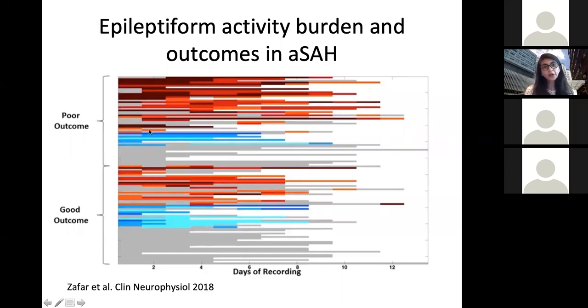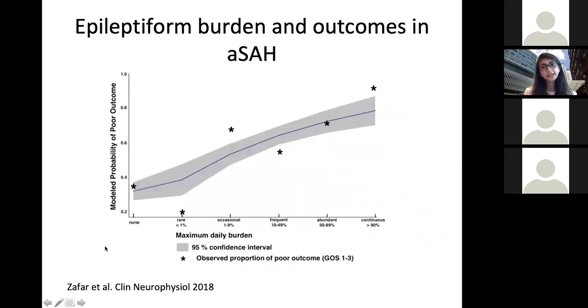And what we found was that patients that had a higher burden of these epileptiform patterns were more likely to have worse functional outcomes at 3 months, even after adjusting for disease severity, including the subarachnoid hemorrhage disease severity scores and critical illness disease severity scores. In fact, we looked at increasing burden.